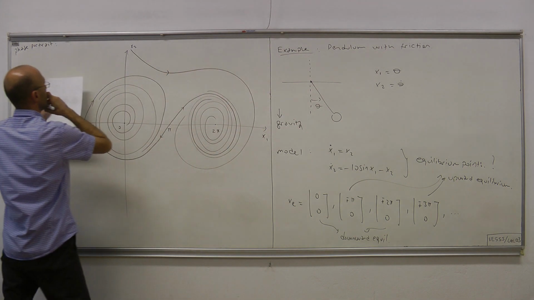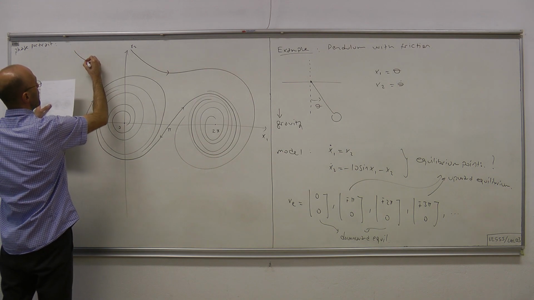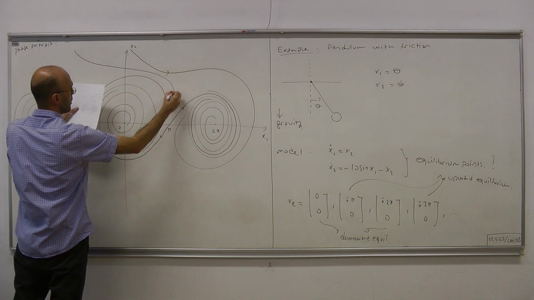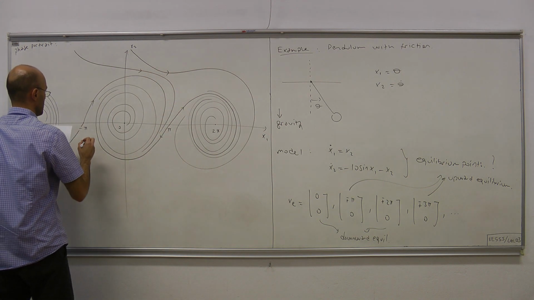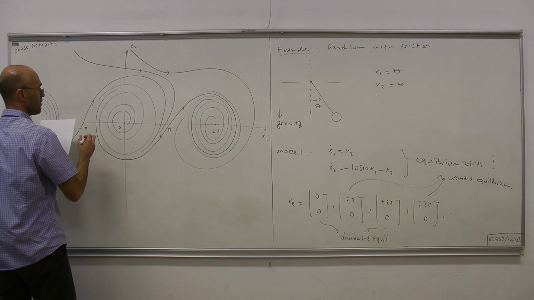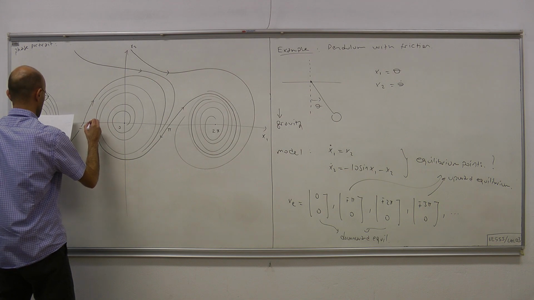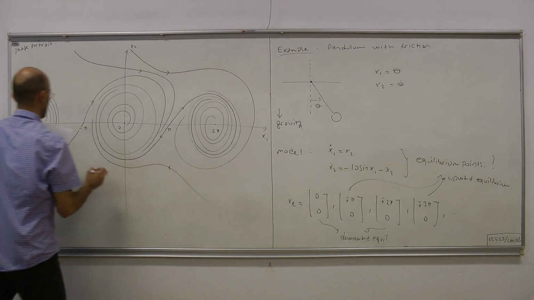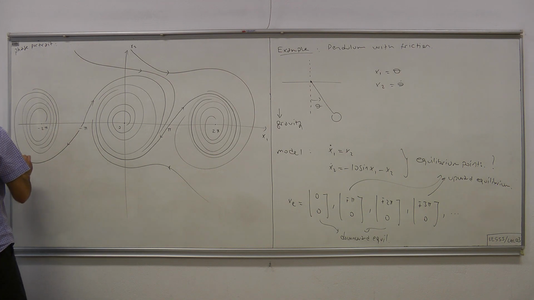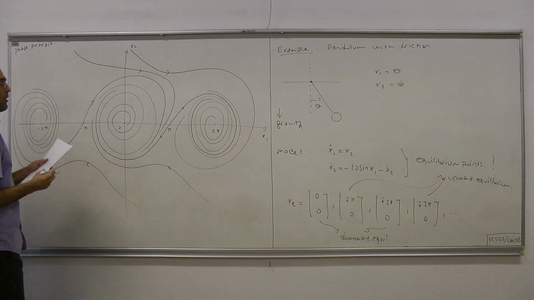If you start here, let's say, you converge to that one, likewise. If you start from here, that's one possible trajectory, and here there's another possible trajectory, and so on.